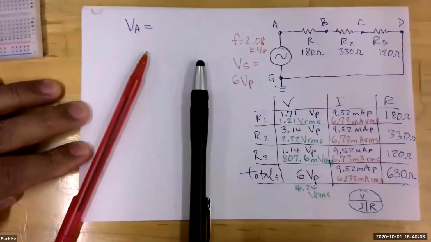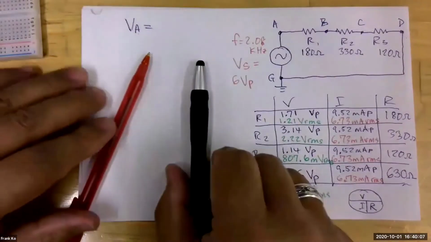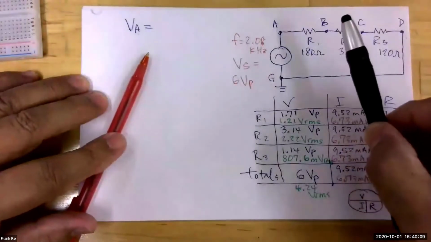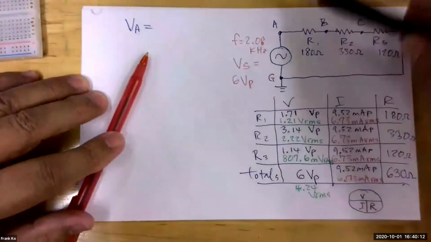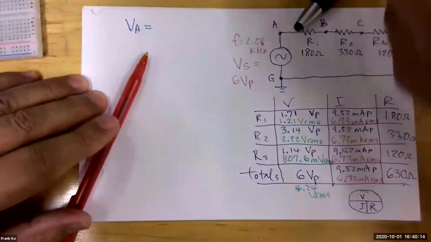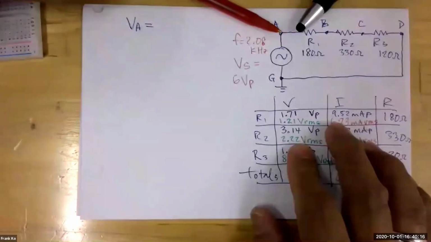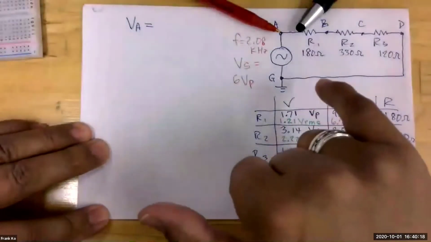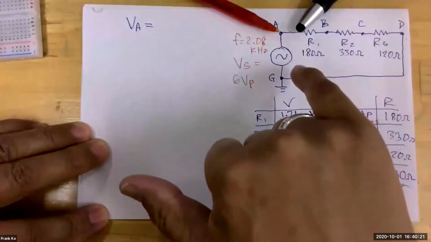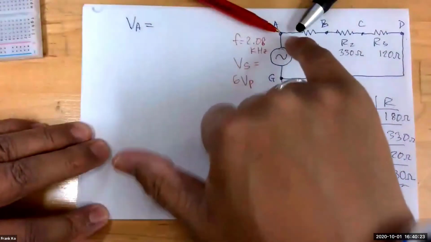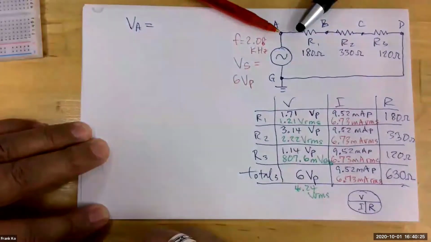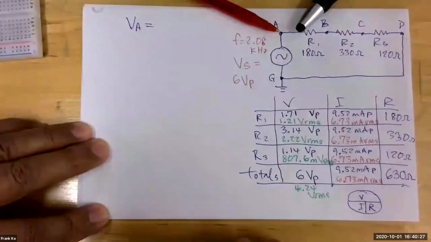I guess you put the black one at the point between R1 and A, and then put the red one on A. Well, if I put this between R1 and A right here, and I put this one at A like that, I'm physically measuring the same point. This is only a piece of wire between the tips of these two probes.